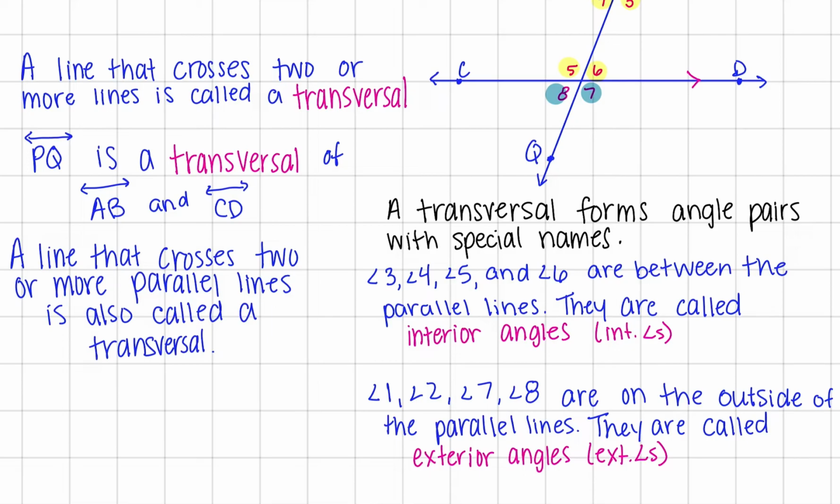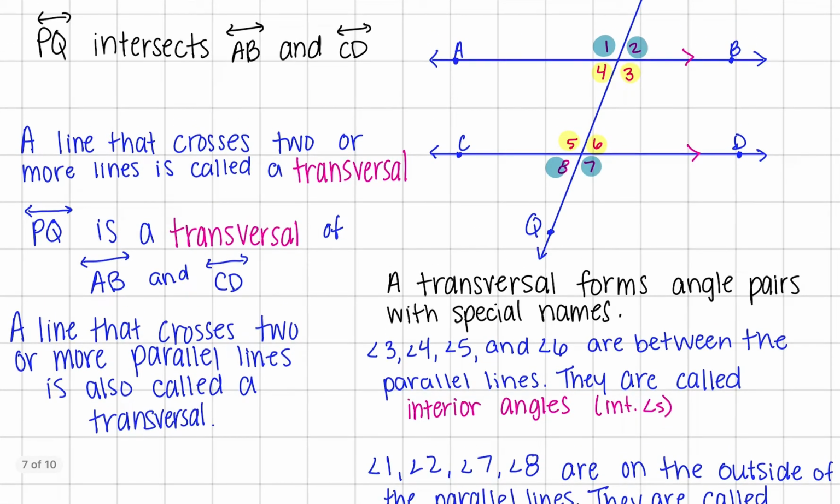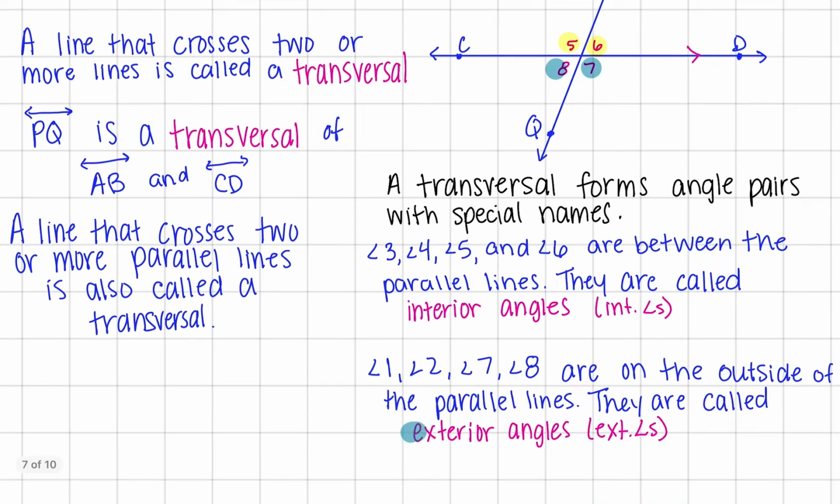Remember, you can pause the video if you need more time to write, but I would highly recommend coloring the angles and color coding so that you know interior and exterior angles.